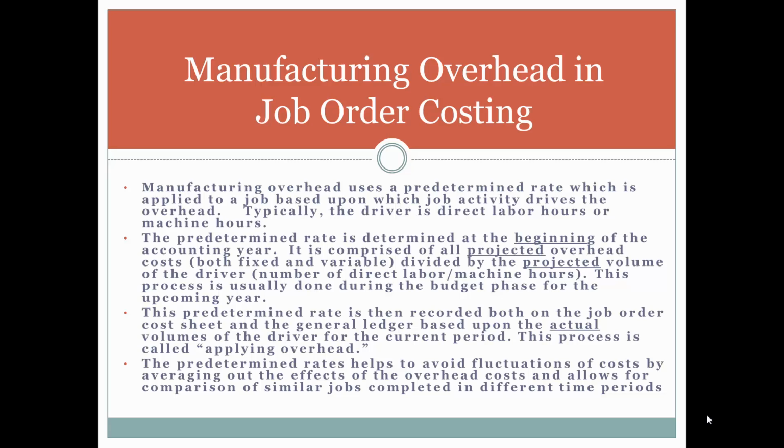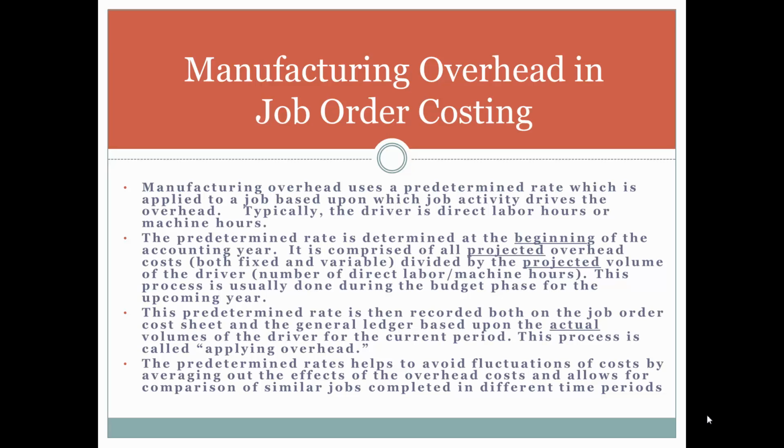The predetermined rate helps to avoid fluctuations of costs by averaging out the effects of the overhead costs and allows for a comparison of similar jobs completed in different time periods. So in other words, you're not going to incur actual overhead costs at the same rate for each month. You're going to record property taxes in one month. Utilities will vary and be higher in some months as opposed to other months.